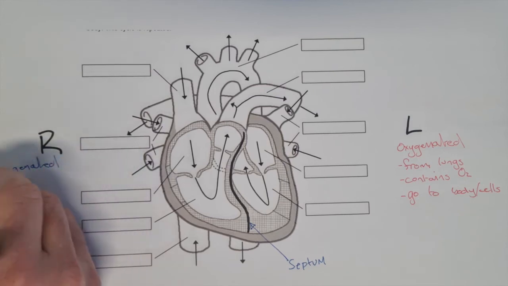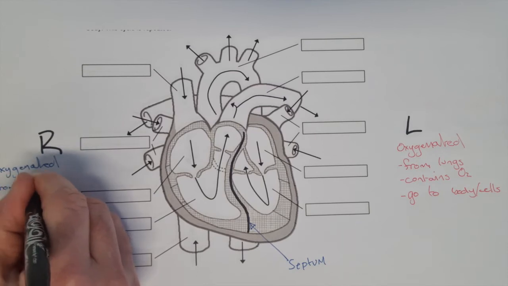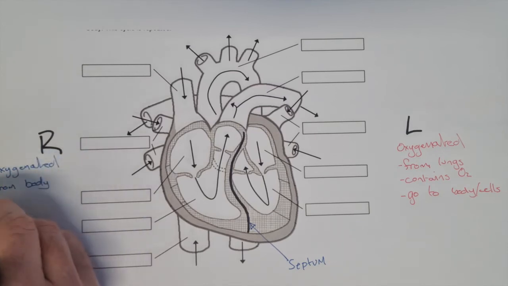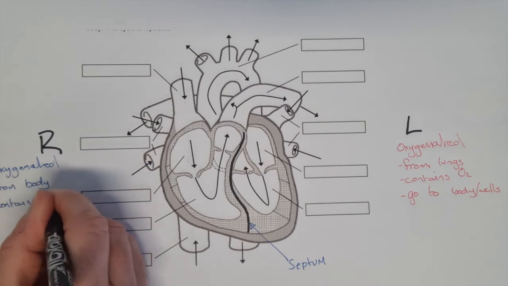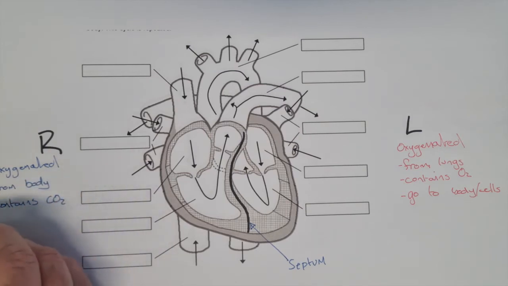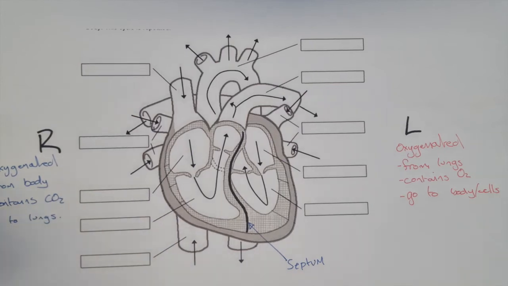Okay, so that's blood that's coming in from the body. It contains carbon dioxide, okay, and that's going to go to the lungs so that the carbon dioxide can be removed from the blood and replaced with oxygen.